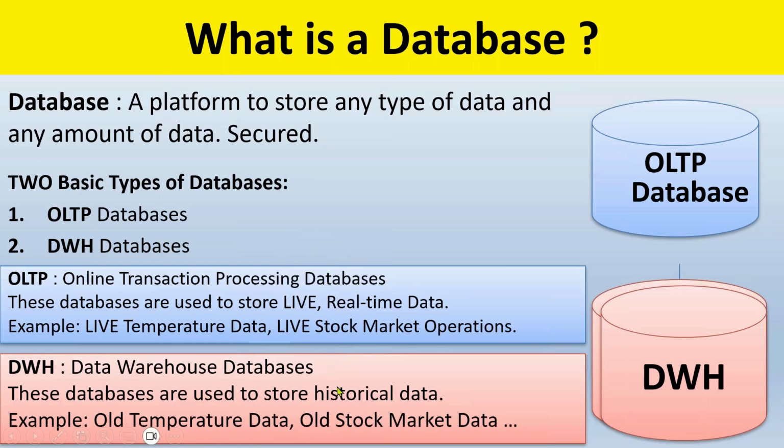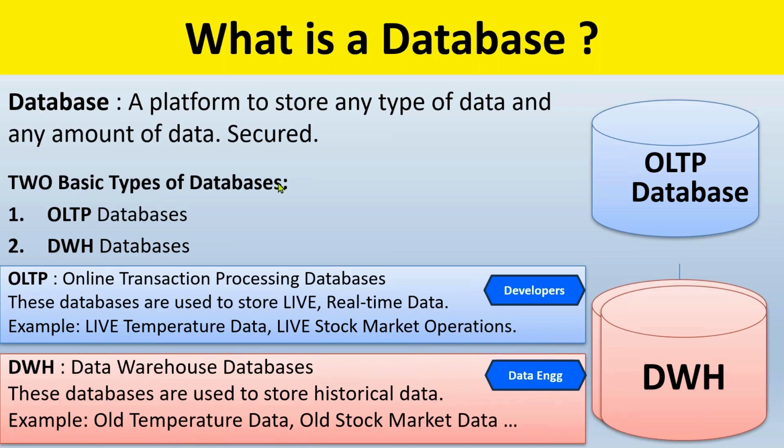OLTP is live, warehouse is history. Developers will be involved in the design of OLTP databases, regularly SQL developers. And data engineers, you and me, we will be involved in data warehouse activities. So this is our job work from tomorrow, first class tomorrow.